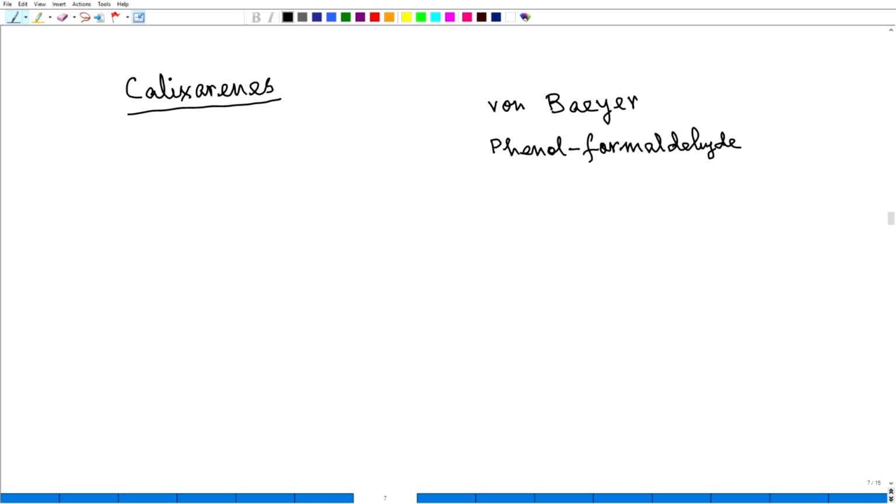So, it can form phenol formaldehyde resin and that is very popularly called bakelite.